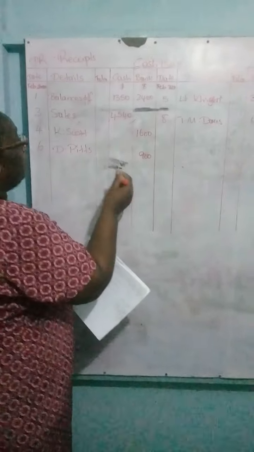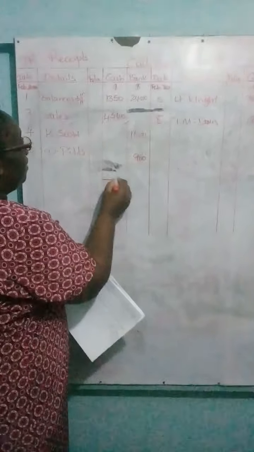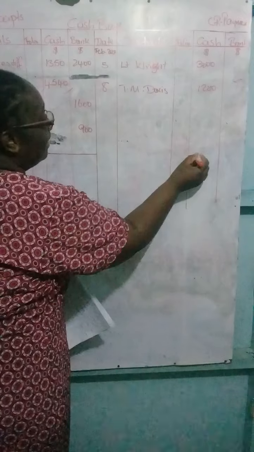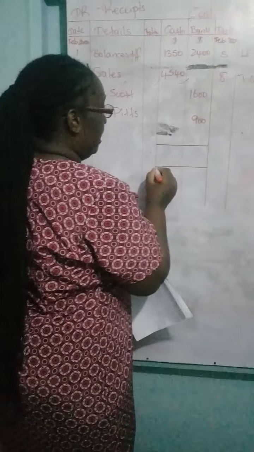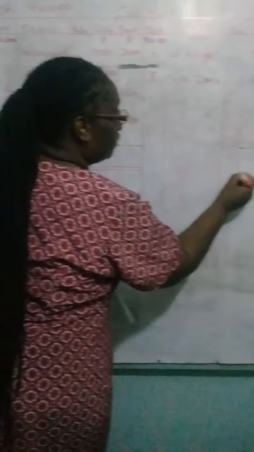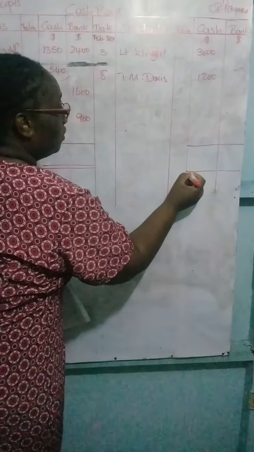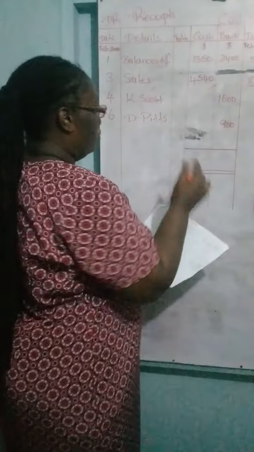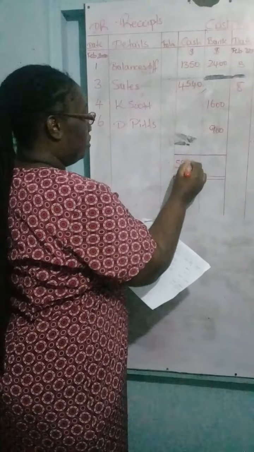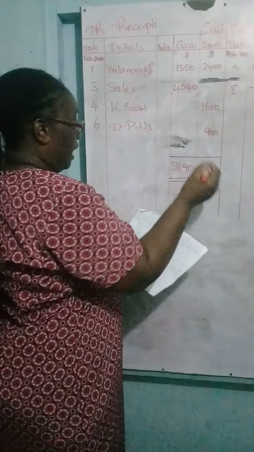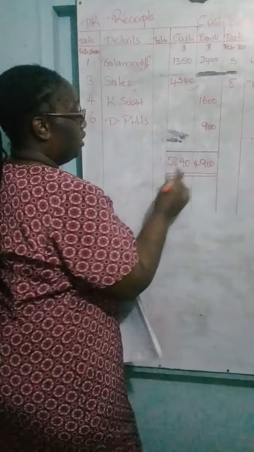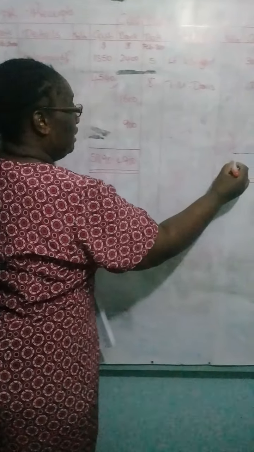So here we will total the debit side. So we draw a single line in line with each other and a double line to close. Okay, now if we add these two, we should get 5,890. And for the bank column, we should get 4,900. And the balance should be the same on either side.